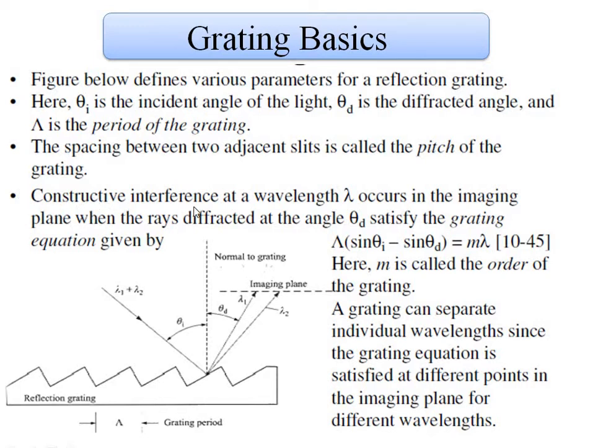So the constructive interference at a wavelength lambda occurs in the imaging plane when the rays diffracted at angle theta d satisfy the grating equation, which is given by equation 10.45: lambda, the period of the grating, into sine of theta I, that is the incident angle, minus sine of theta d, that is the diffracted angle, equals m into lambda.